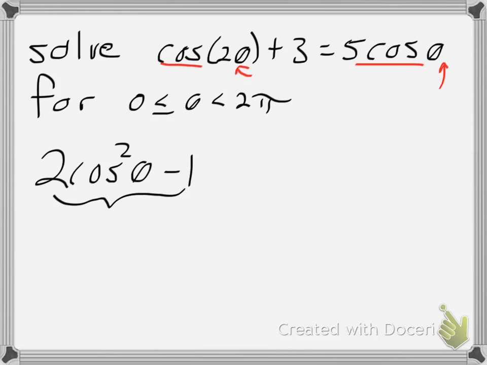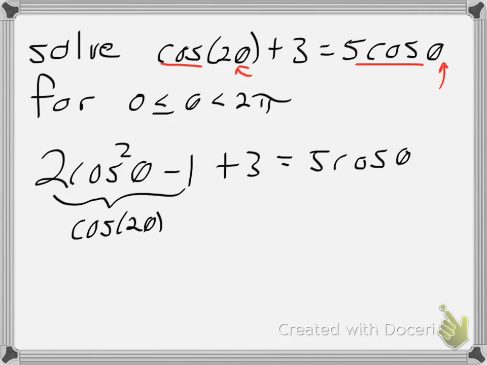So again, this was the equivalent of cosine of 2 theta, one of my identity rules. Now I still have plus 3 equals 5 cosine of theta. Now I have, in all cases, the same trig function and the same argument, in this case just theta.